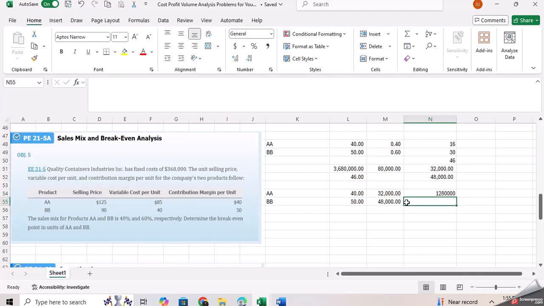Multiply those out. Do the same thing here. And now let's add those two together.